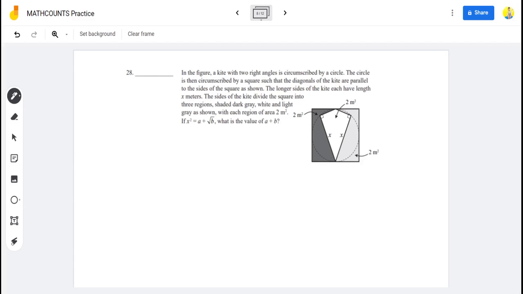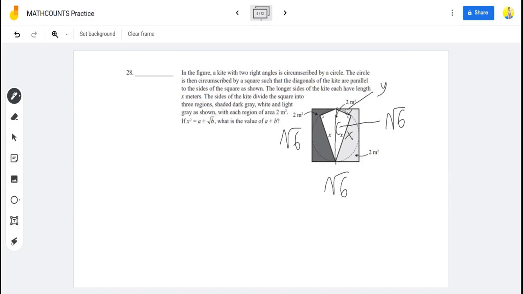First, you see that the entire area of the square is 6, so that means each side length is root 6. Since this diagonal is parallel to the side length, this is also root 6. And let's call this x and call this y.